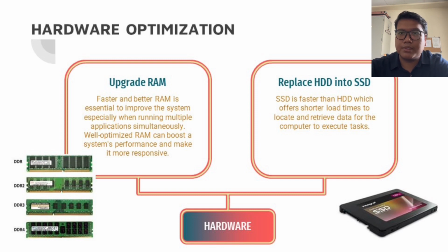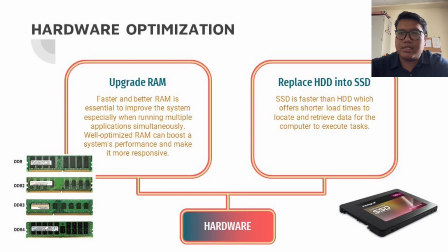As an example, if you are using 4 GB of RAM, you may experience some lagging or slow response of the computer system. So, upgrading to better RAM with more memory resources will solve this problem. Besides that, it is also recommended that we replace the HDD, which is hard disk drive, with an SSD, solid state drive. Both of them are storage devices used to store and retrieve digital data.